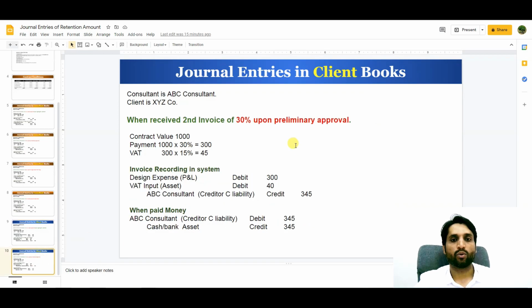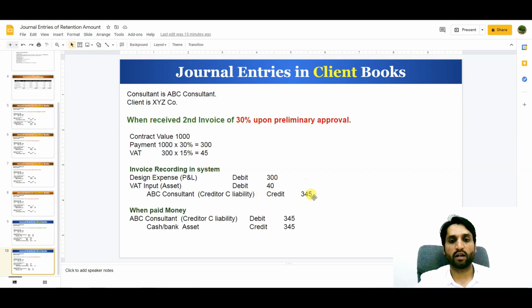Next, when the second invoice is received by the client, the 30% amount will be 300 plus 15% VAT, 345. When the client records this invoice in his system, design expense account will be debit with 300, value added tax input account will be debit by 45, and ABC consultant creditor current liability will increase by 345.